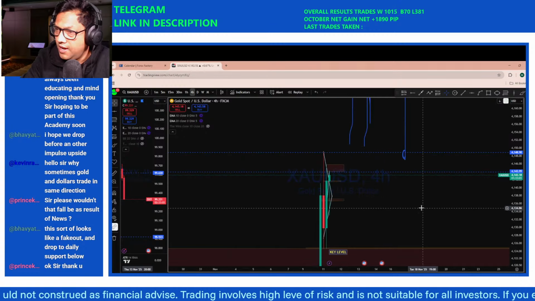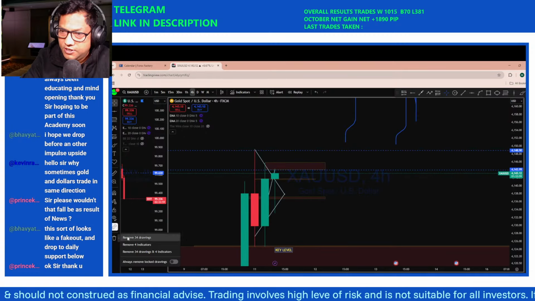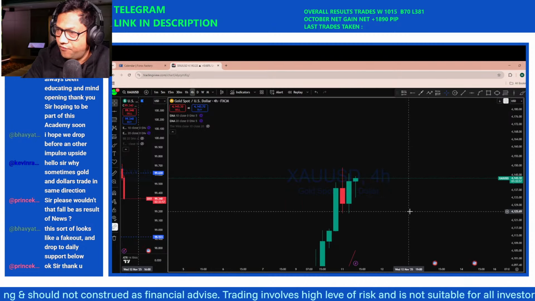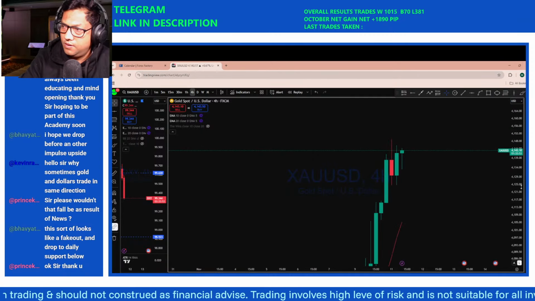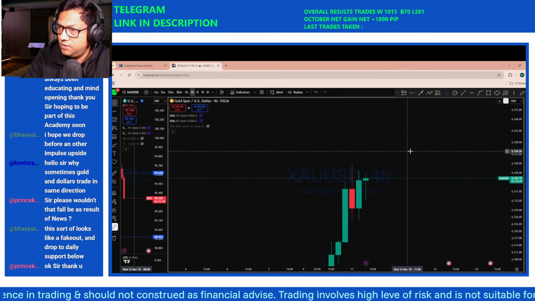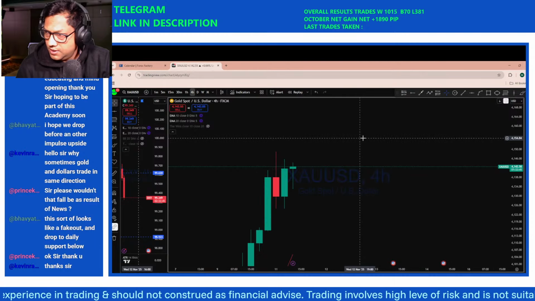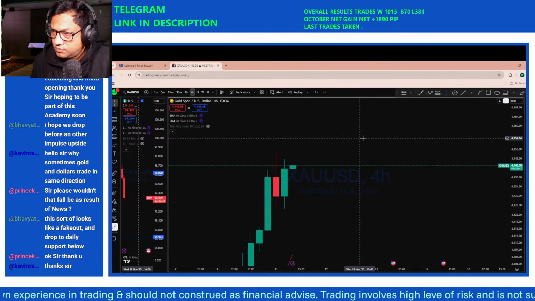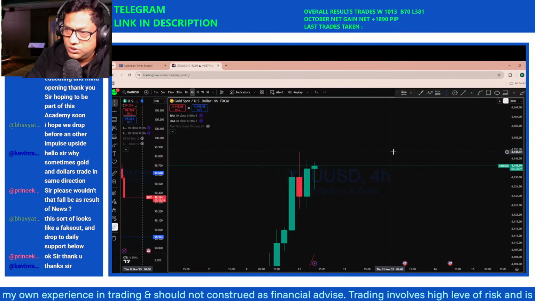Okay, it has the current 4-hour. If we delete the levels again to look at the fresh movement in the market, how this candle is closing is important.